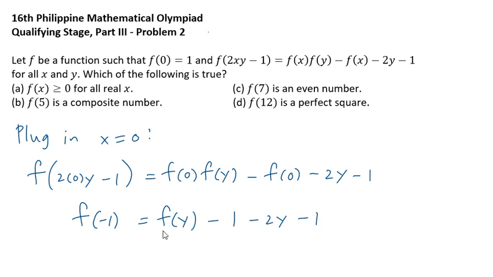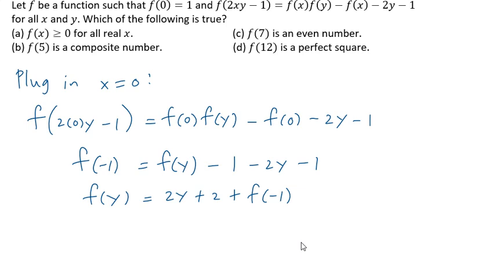Let's solve for f of y. So if we solve for f of y, we should get f of y equals 2y plus 2 plus f of negative 1. Alright, notice that this one is a constant.